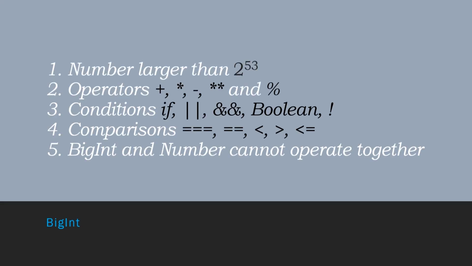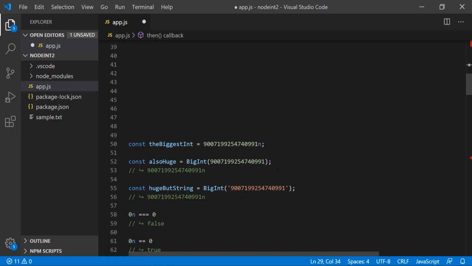Third we have BigInt. It mainly supports numbers larger than 2 to the power 53, which is 9007199254740991. This is the highest safe integer of type number in JavaScript or Node.js.